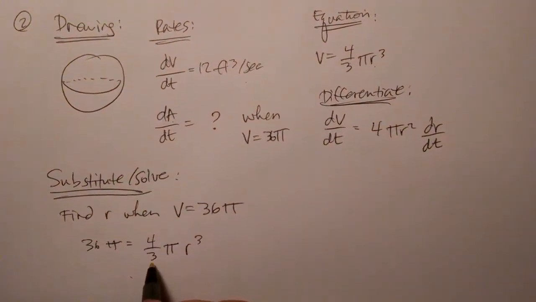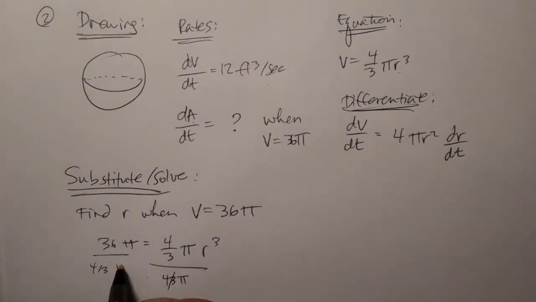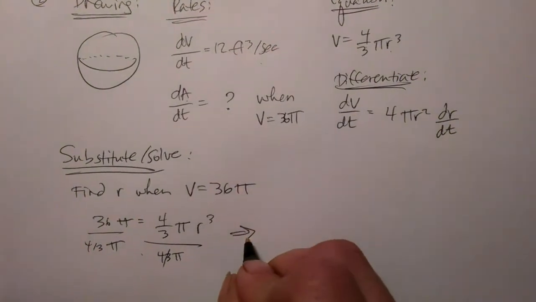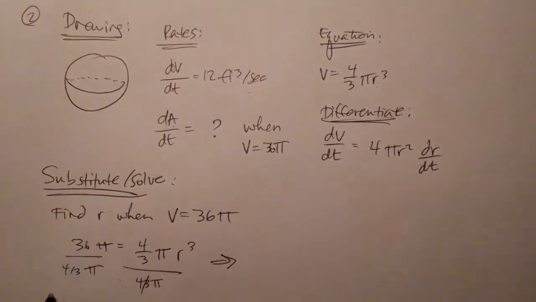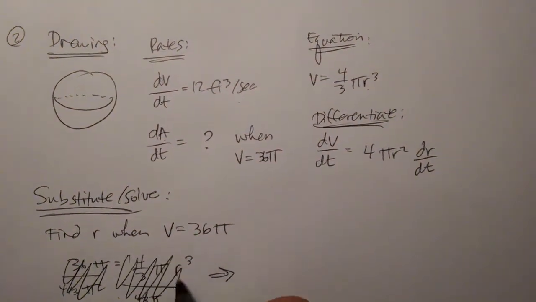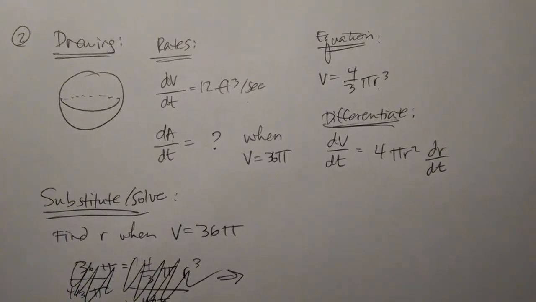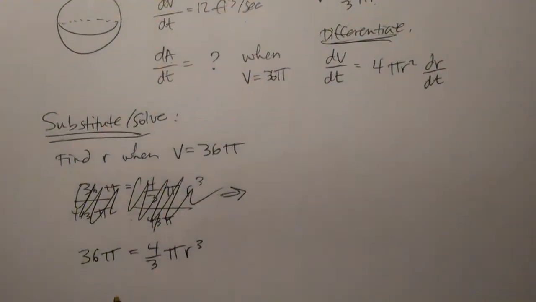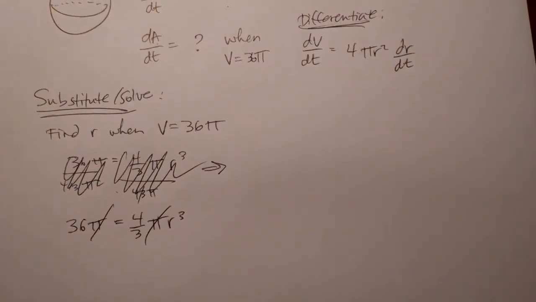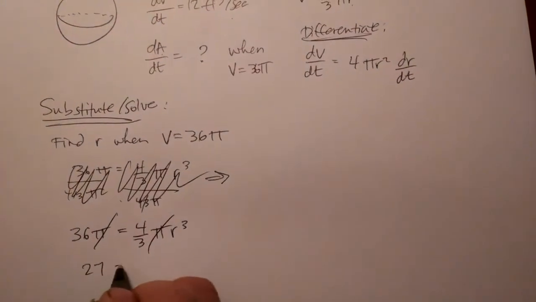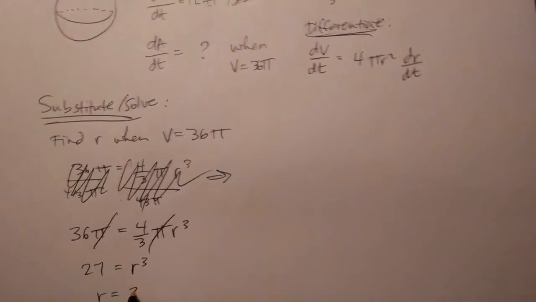You could divide both sides by 4/3 pi, but I'm going to write this out a different way to show you the simplification's not as hard as it looks. You have a pi on both sides, and both those pi's cancel. If you divide both sides by 4/3, you get 27 equals r cubed. Take the cube root of both sides, and r is equal to 3.